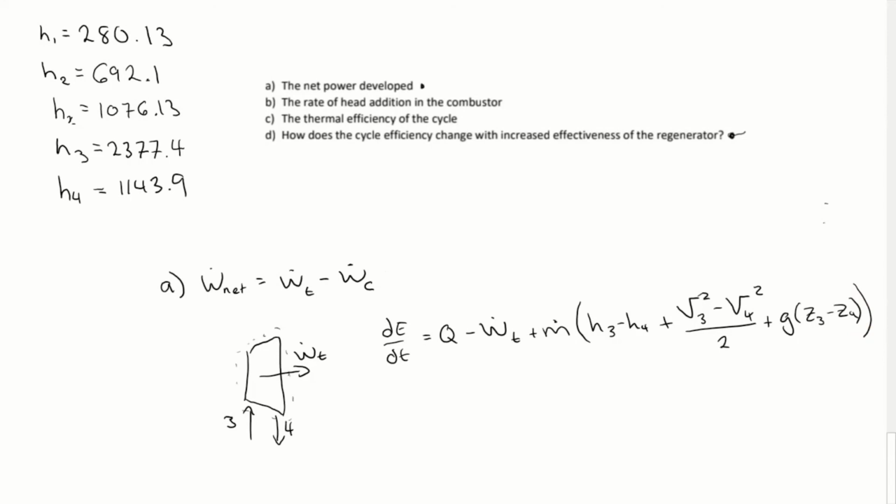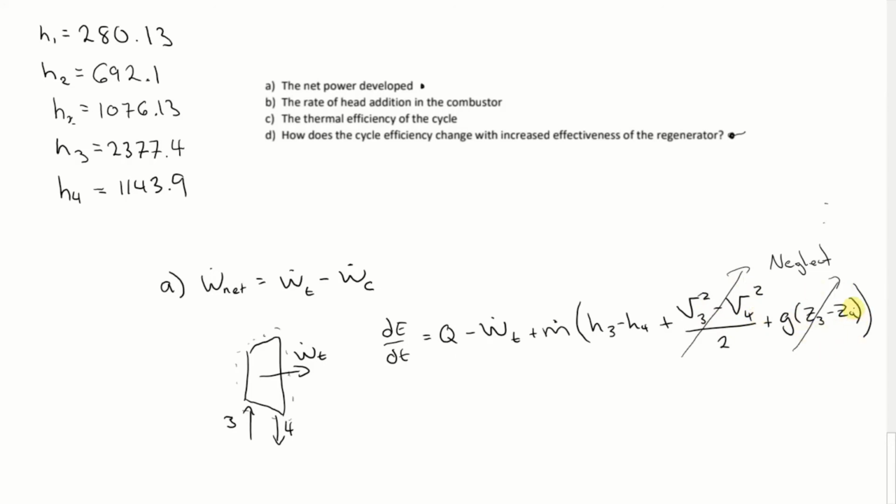As usual, we're going to neglect these, because no information is given about them. If you are given information about, let's say, velocity, or if you're told what the diameter of an inlet is, that's often a hint that you're going to be able to solve for velocity, and you will want to include this.